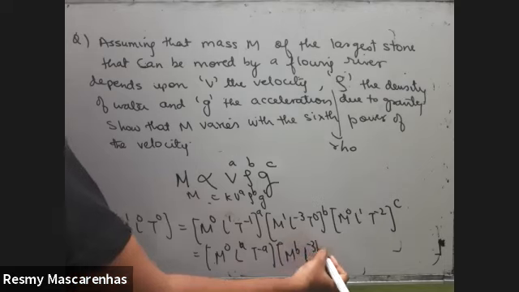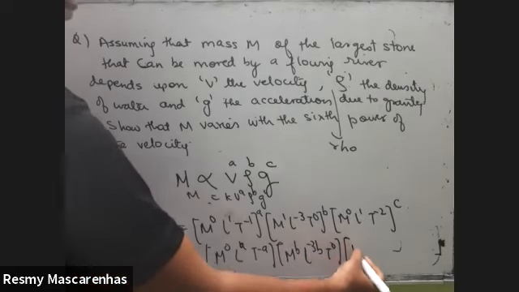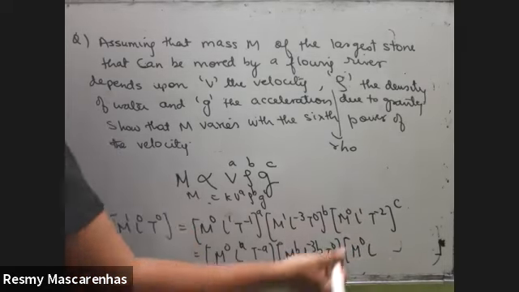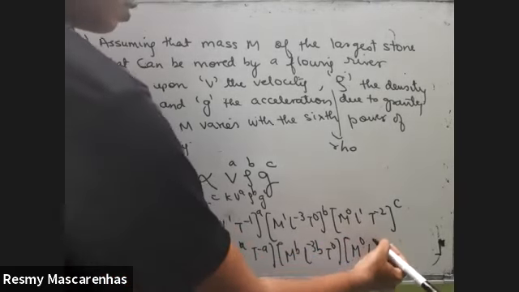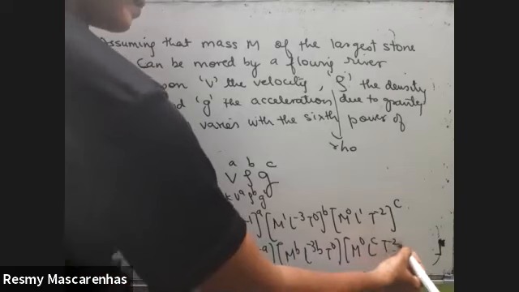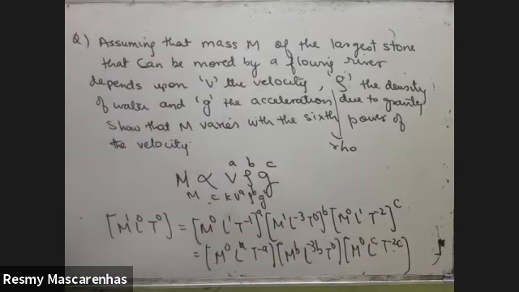L raised to this, t raised to 0. Start solving, and then if you find, tell me the value of A, B, and C. What all are you getting? Teacher, A is 6, B is 1, C is -3.